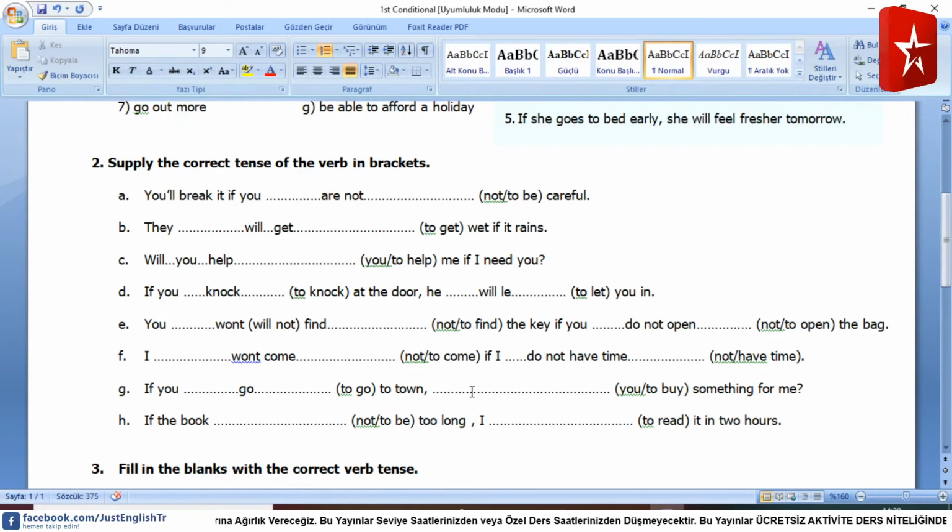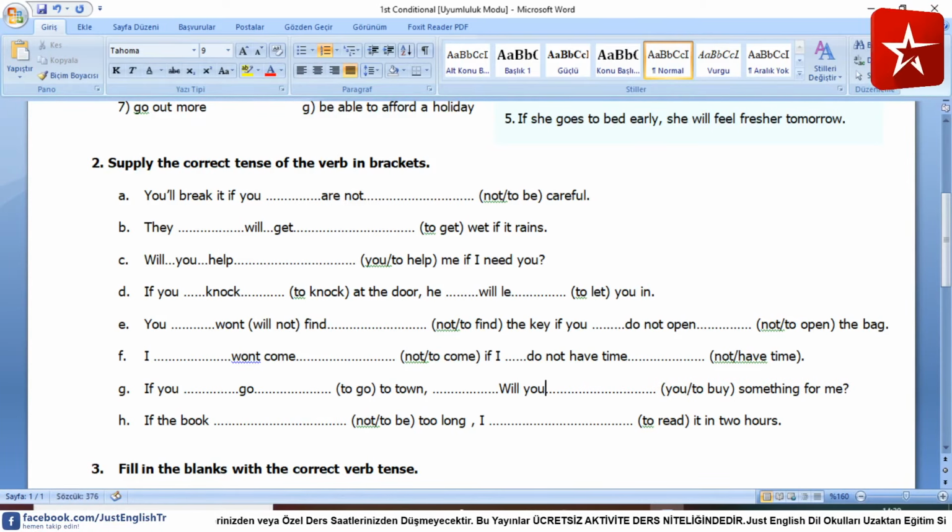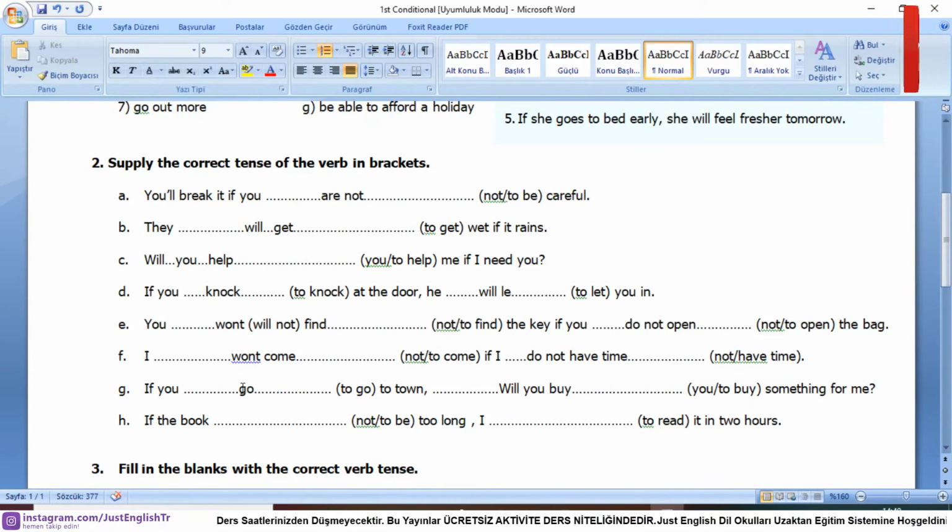Can you help me? Alright, yes, as you told, we should use will and then subject and then buy. If you go to town, will you buy something for me? Sure, I will. Why not?